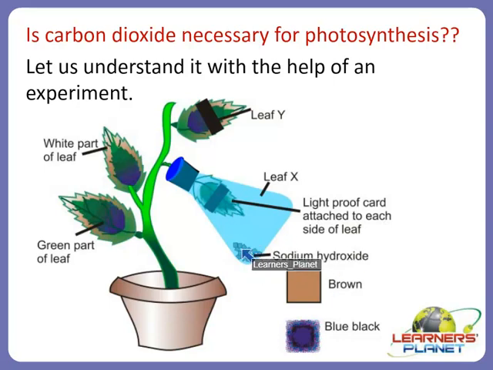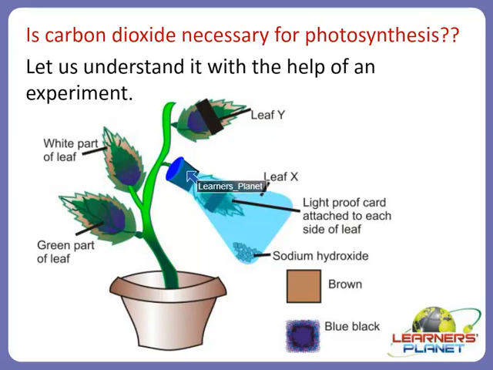Now we will pour the sodium hydroxide solution inside a conical flask, or we can also put the crystals of sodium hydroxide in the flask. And then what we will do? Yes. What will happen when we pour the solution, or if we keep the crystals of sodium hydroxide in the flask? Yes, this will absorb the carbon dioxide of the air.